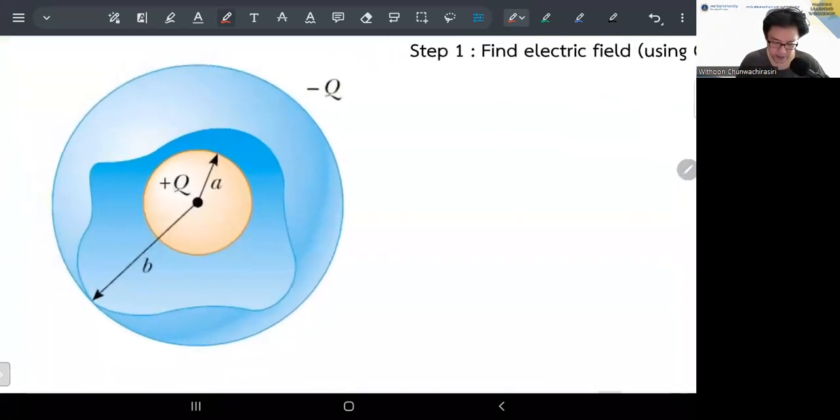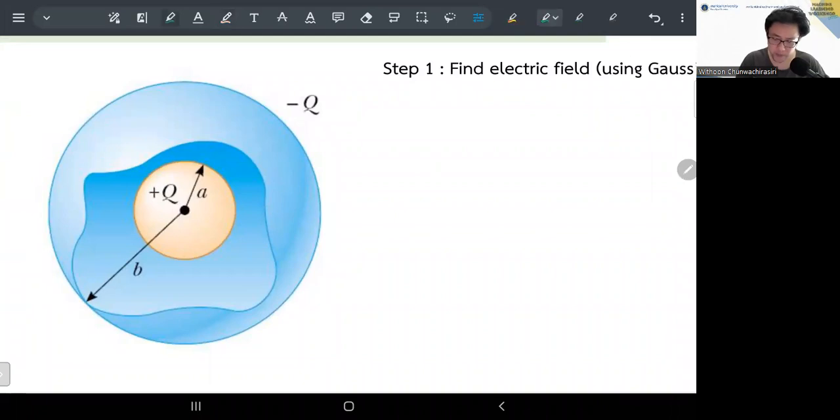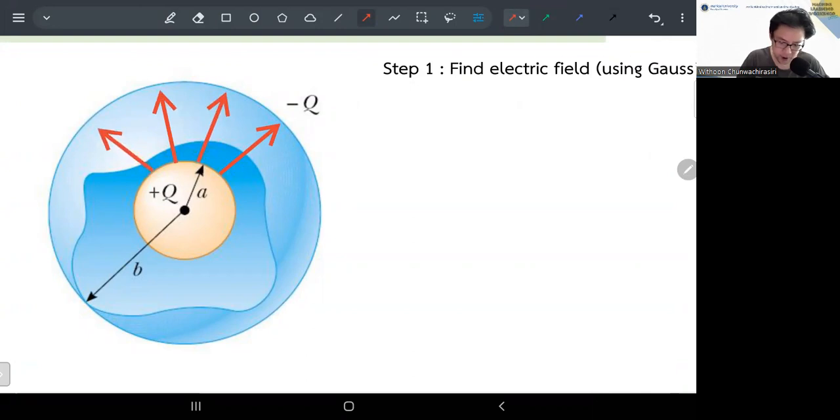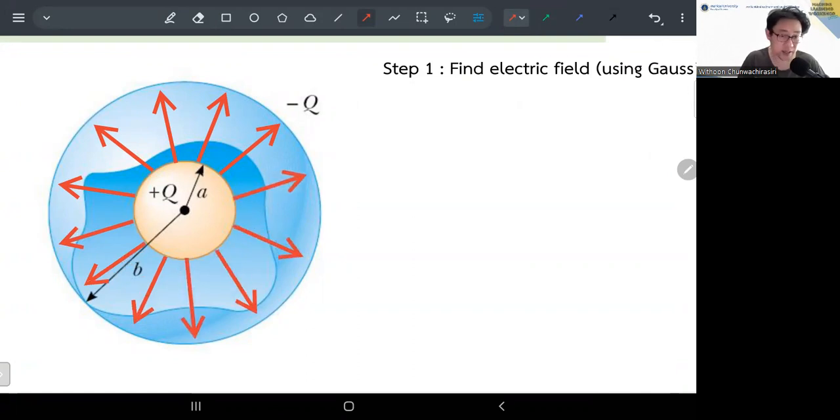The concept over here is going to be the same thing, except that now the electric field is going to be pointing from positive to negative, right? So it's going to point something like this. And we can use the same argument that you're not going to have any electric field outside, because you have positive and negative charge.